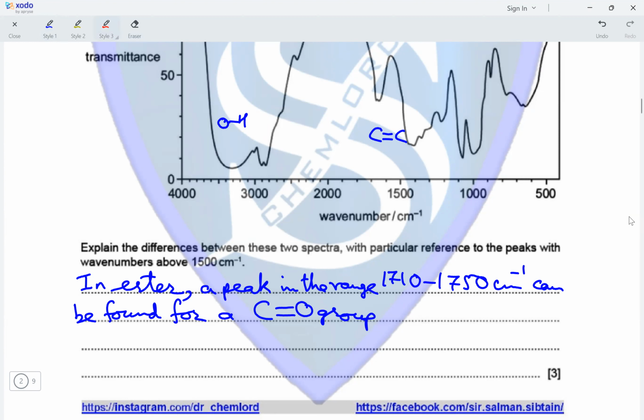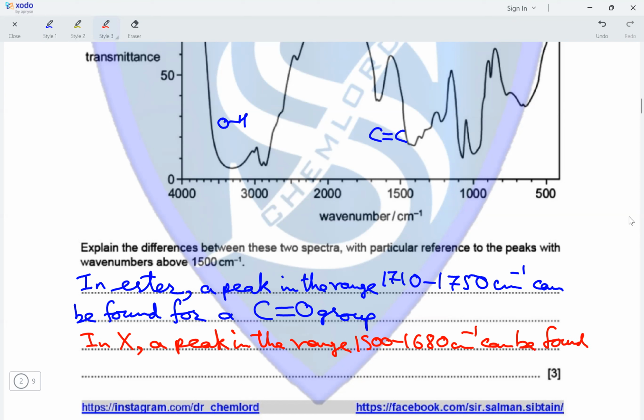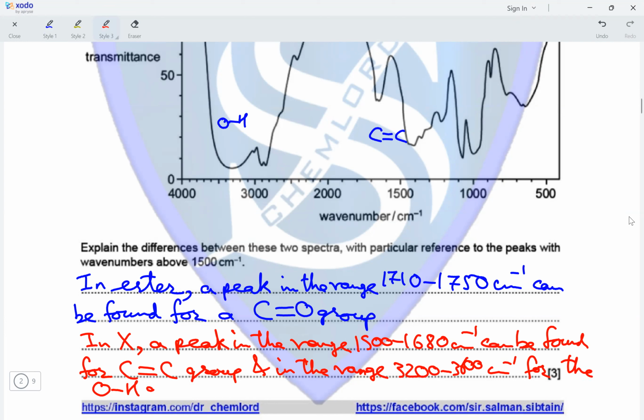And we can say that in X, a peak in the range, for C=C, the range is 1500 to 1680 cm⁻¹, can be found for the C=C group, and in the range 3200 to 3600 cm⁻¹ for the OH group.